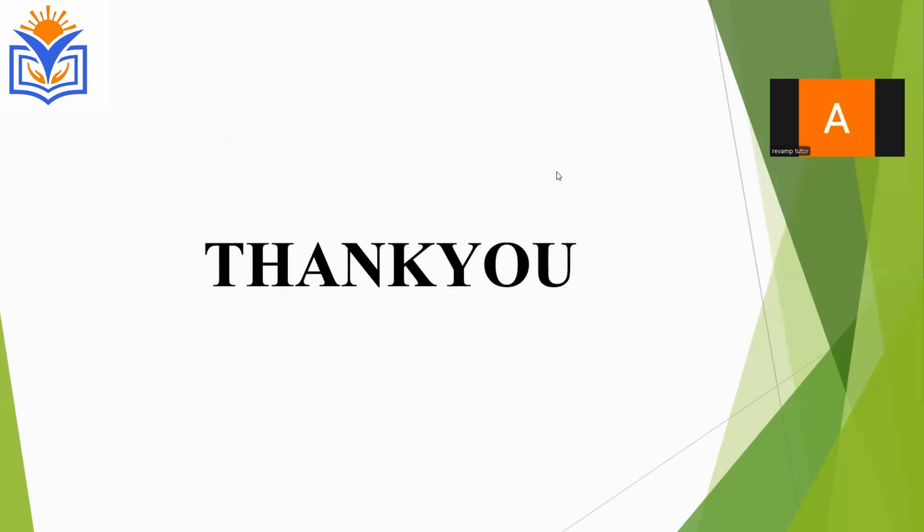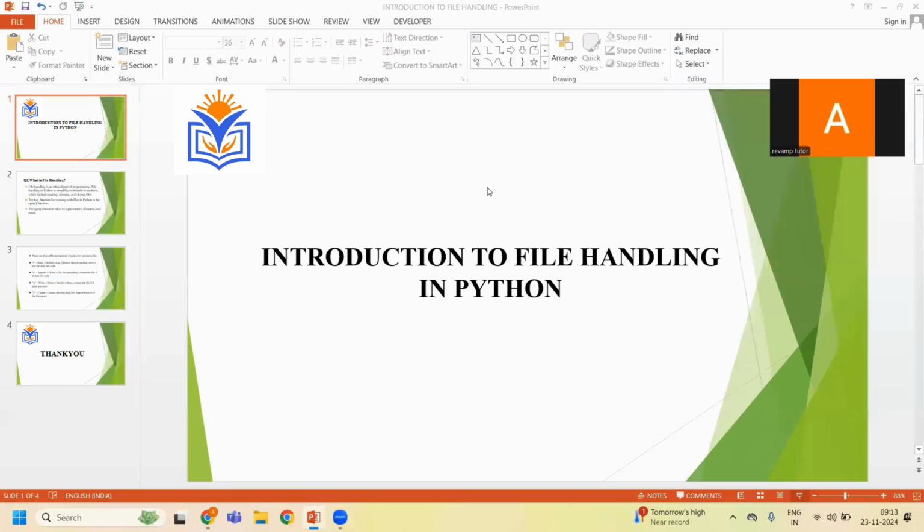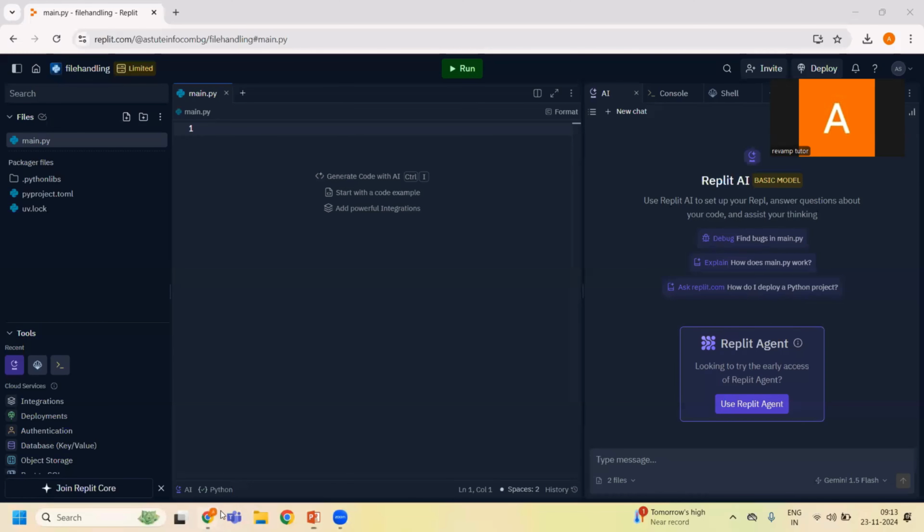So let's demonstrate that. This is a platform wherein I'm going to write my Python code for file handling. So let's start. In this platform, we have our file, and that is also saved with the .py extension. So let's start coding to understand how the file handling concept works.